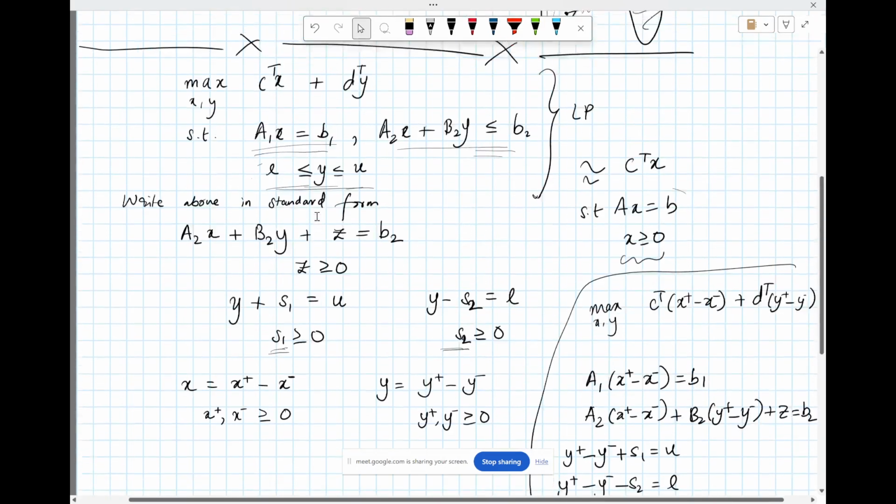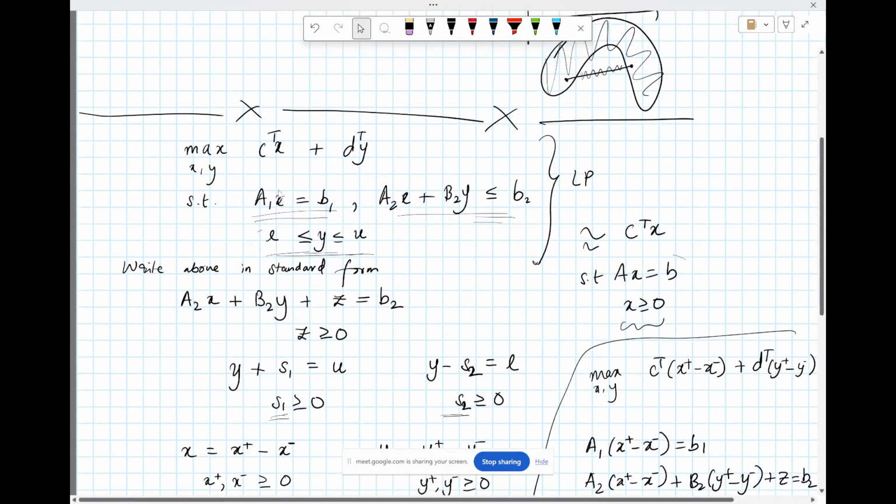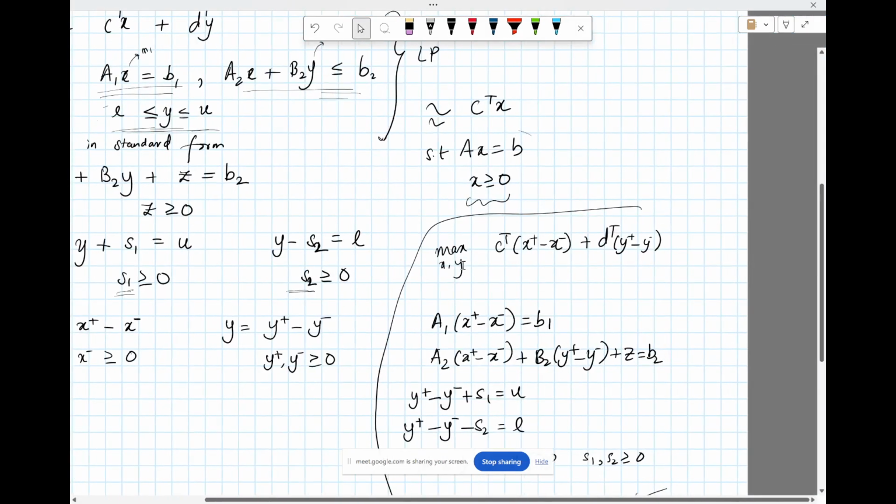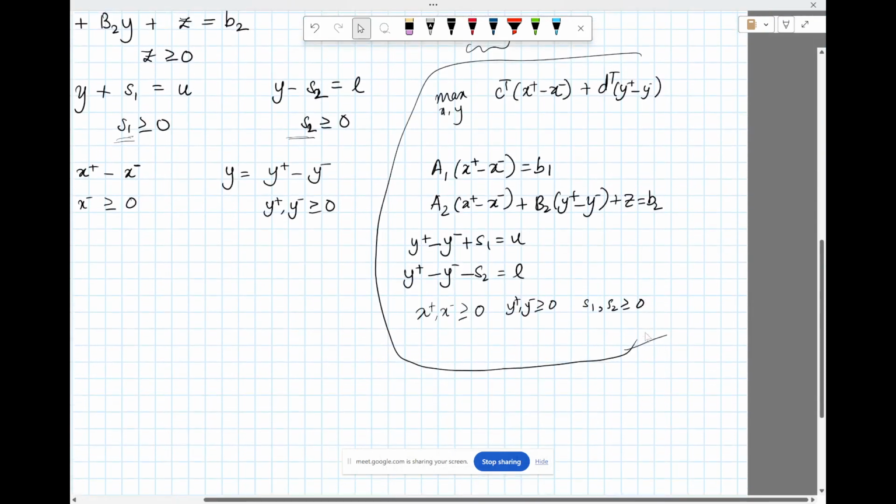So originally we had all the variables, x will be a vector, y will be a vector. So we had, let's say this was m1 dimension and this was m2 dimension. So we had m1 plus m2 variables. Now here we have m1, m1, m2.